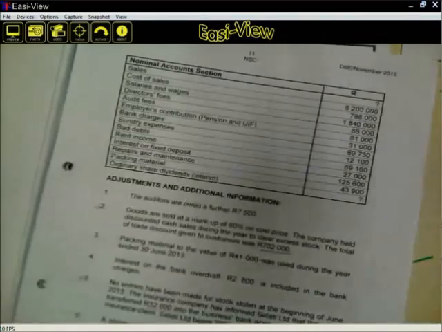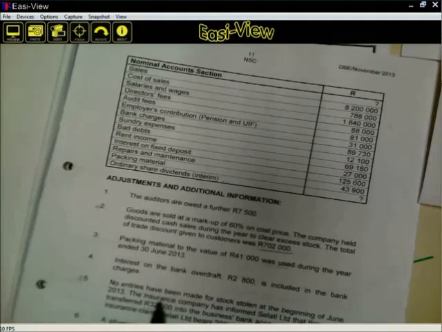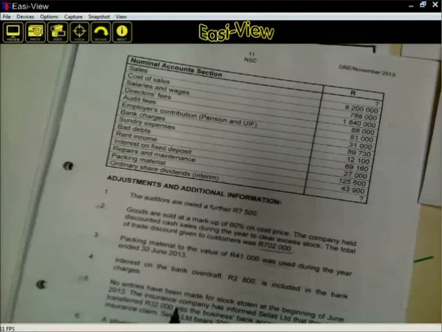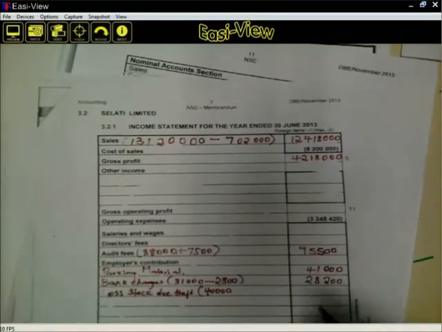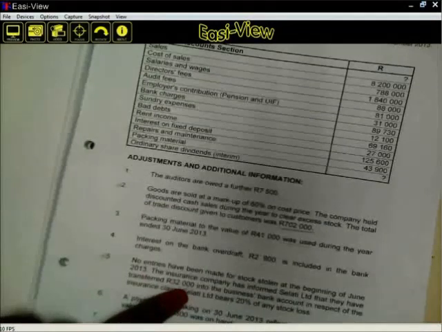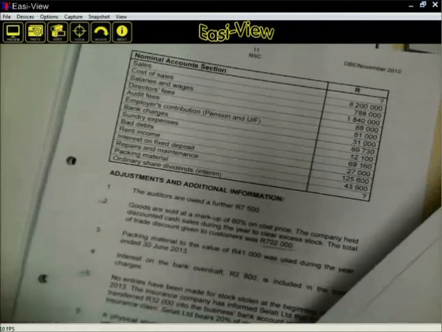Open bracket. So what should we do when we get here? We're saying no entries have been made for this at the beginning of June 2013. So it means there was no entry that has been made. The answer sheet was supposed to have this 40,000. It's just that I've taken the wrong answer sheet. Then we must subtract this 32,000, because the amount of stock that was stolen was amounting to 40,000.